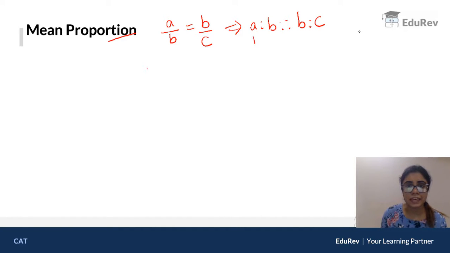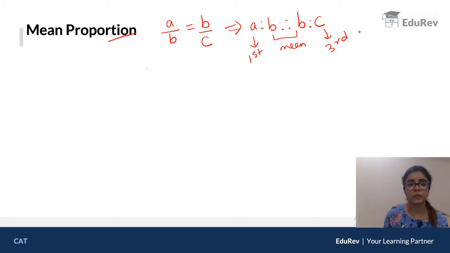Now in this case, A is called the first proportion, B is called the mean proportion, and C is called the third proportion. Okay, so this is the property of mean proportion.